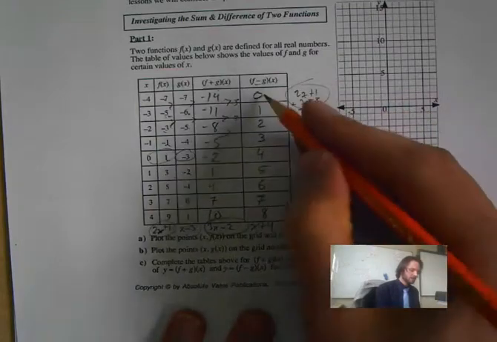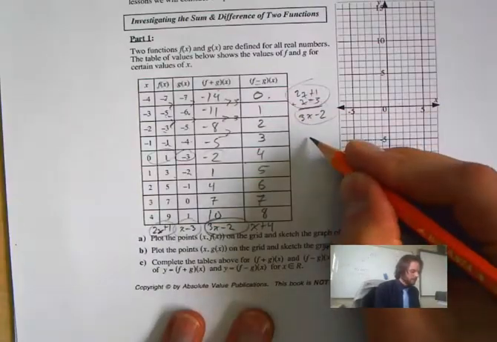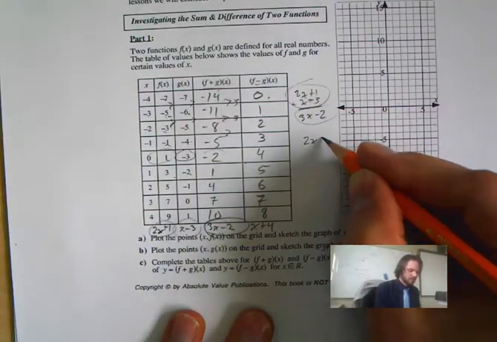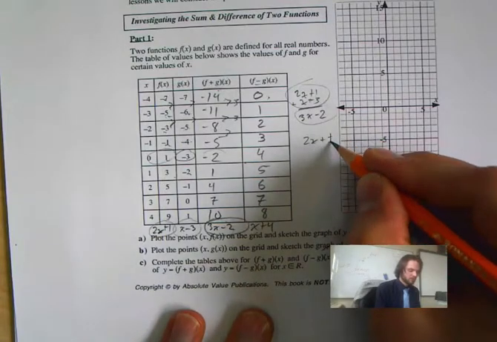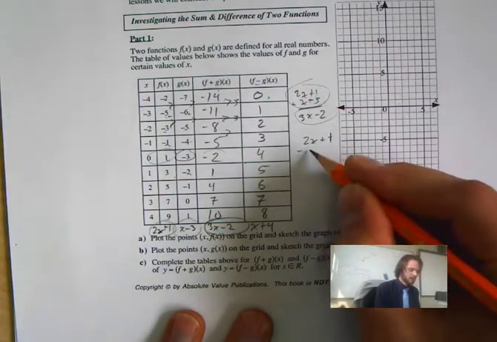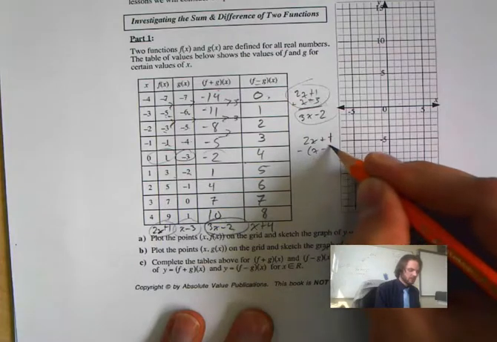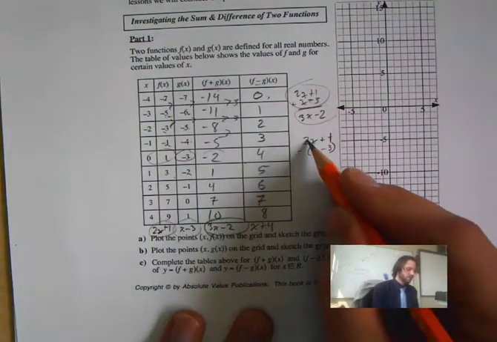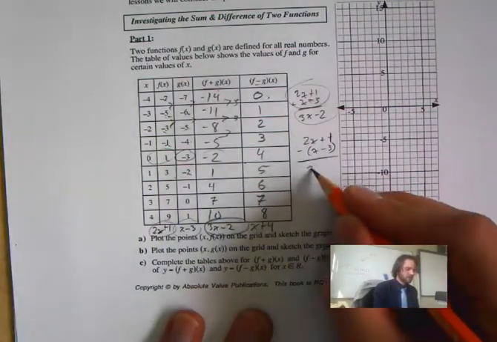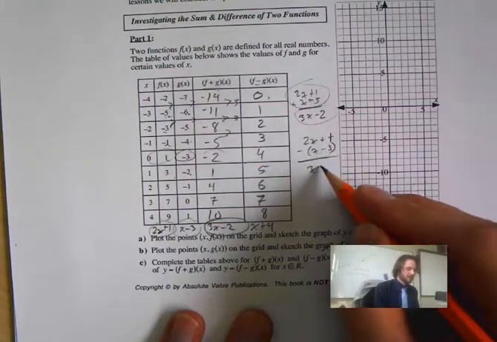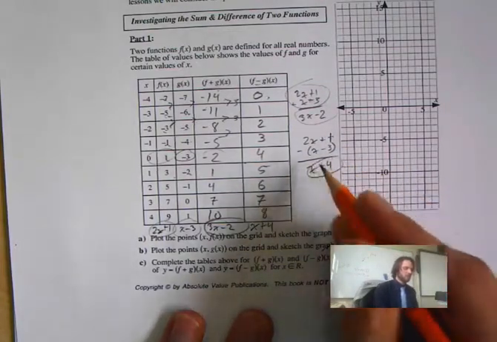Interesting. Let's take a look at the next one. We have 2x plus 1, and we're going to subtract x minus 3. So it's like saying 2x subtract x gives me x, 1 subtract negative 3 gives me positive 4. Look at how that is.